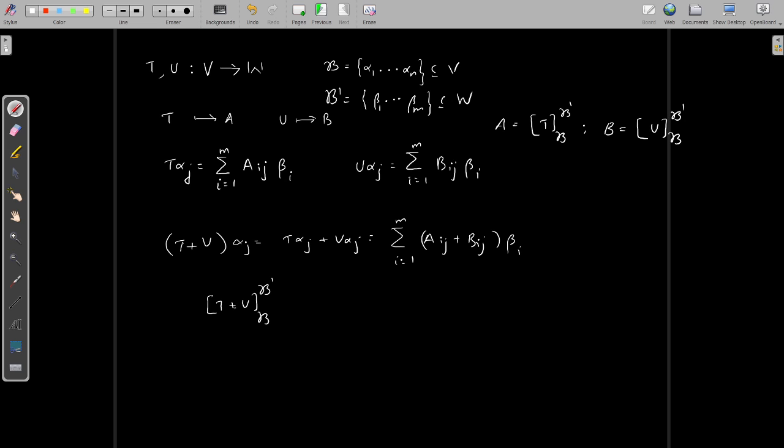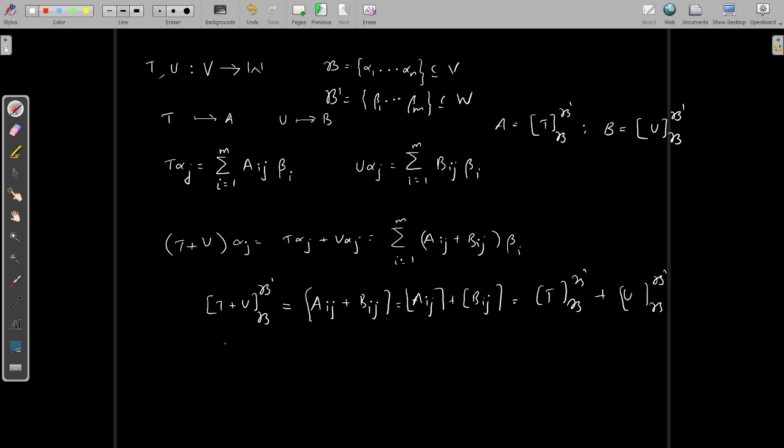Now the matrix of T plus U relative to B and B prime is nothing but the matrix a_ij plus b_ij, which can be written as the matrix a_ij plus the matrix b_ij. So this is equal to the matrix of T relative to B and B prime plus the matrix of U relative to B and B prime.